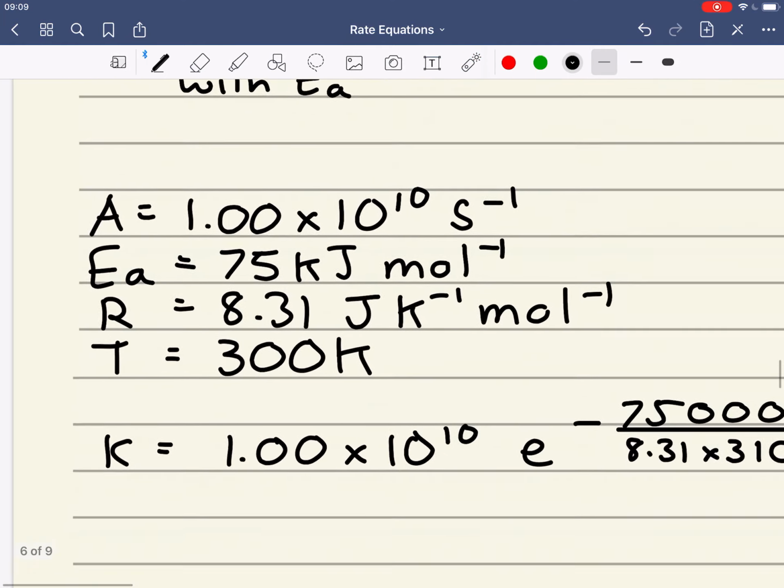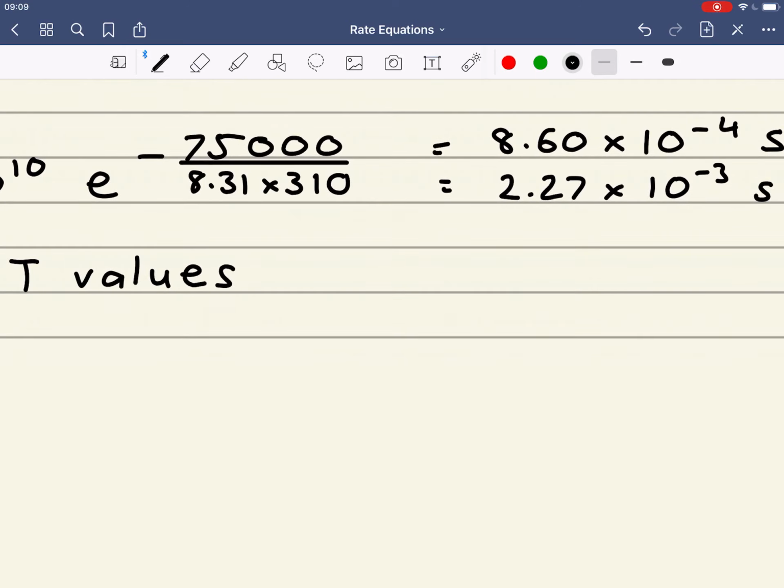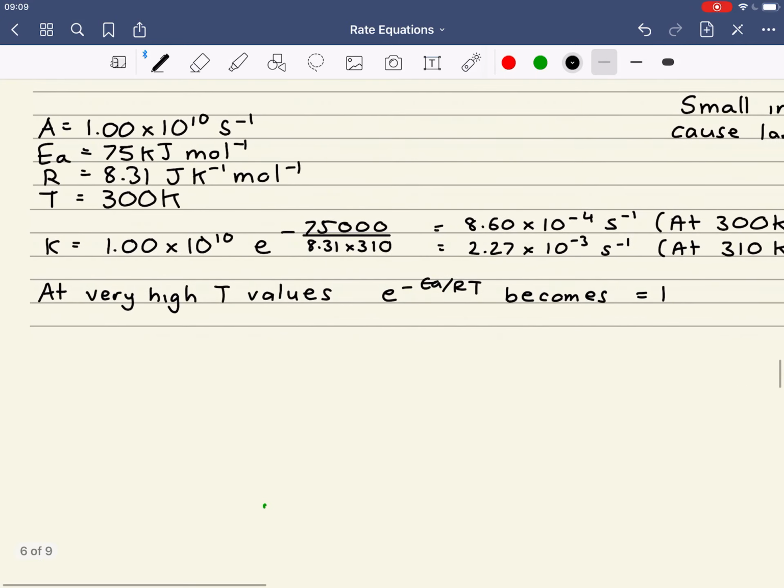So at very high T values, this fraction here becomes equal to 1. And again, try that out on your calculator.